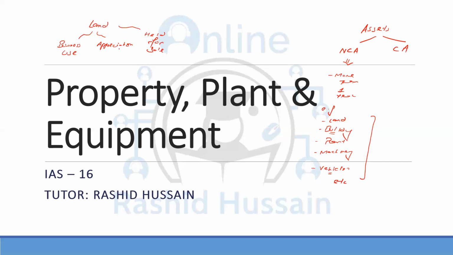When you talk about the land which is being purchased for the appreciation purpose, that means it is going to classify in a separate standard. When you talk about the land which is being held for sale, then it is going to be classified in a separate standard. So when you talk about the financial reporting exam, then you need to understand the scope of every standard so that you can classify the correct assets in it.